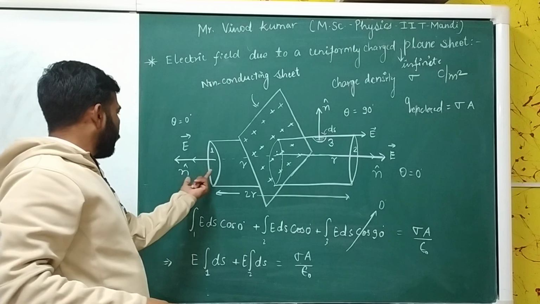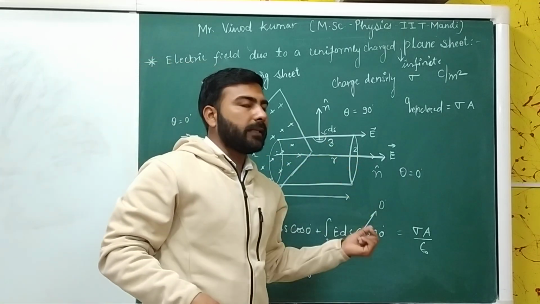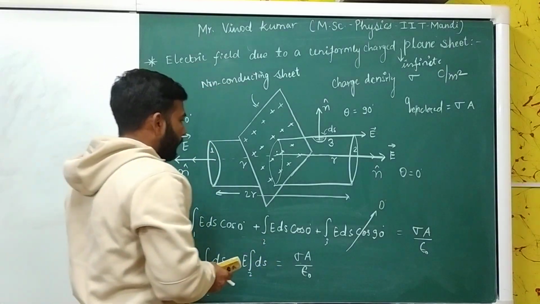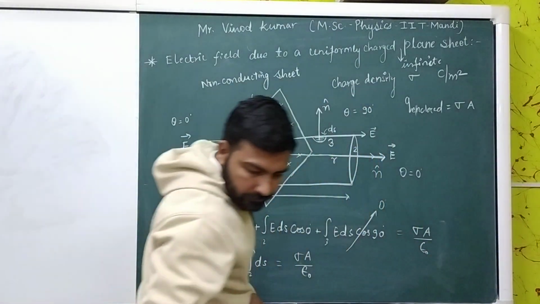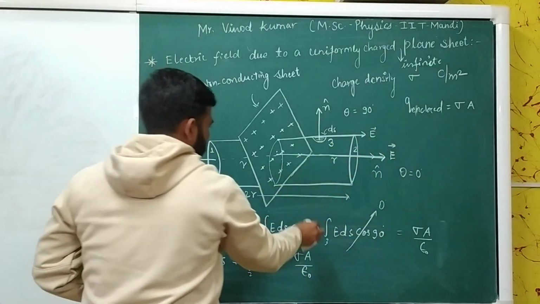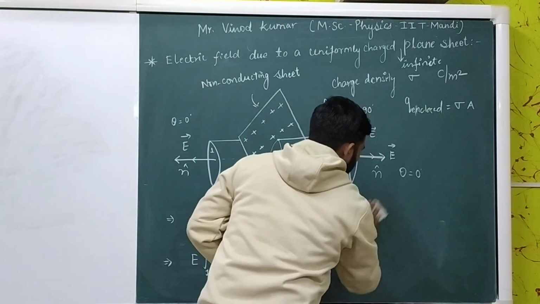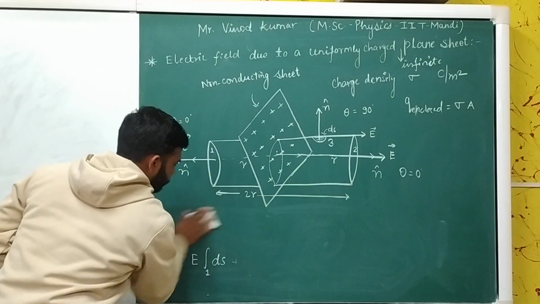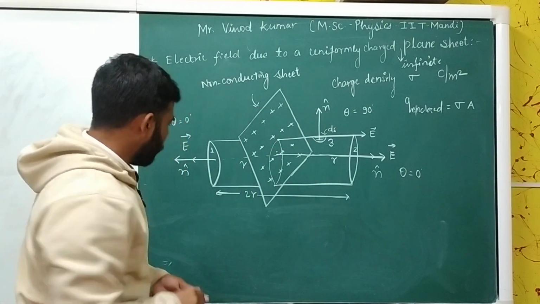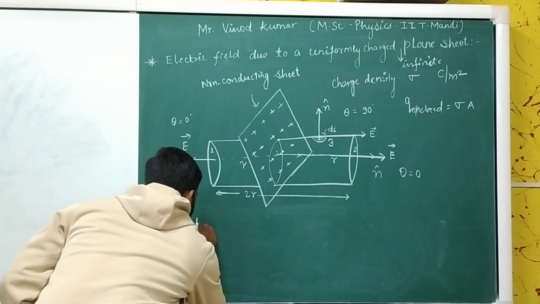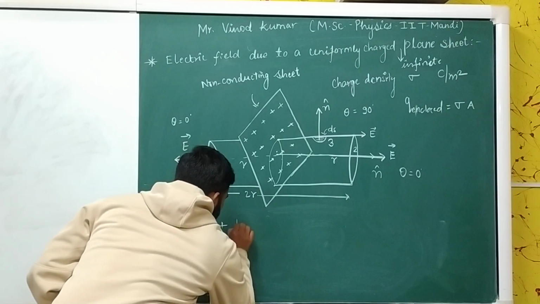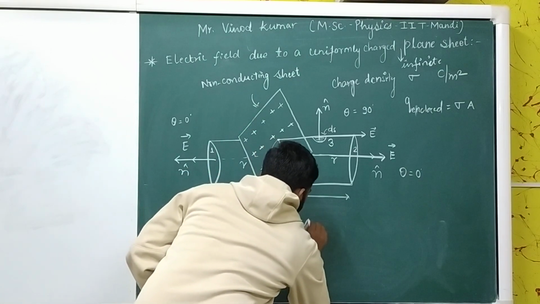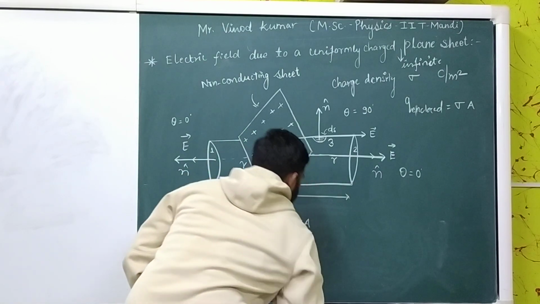Now, for the first and second surfaces, the area is A. So we write E into A plus E into A equals sigma A by epsilon naught.